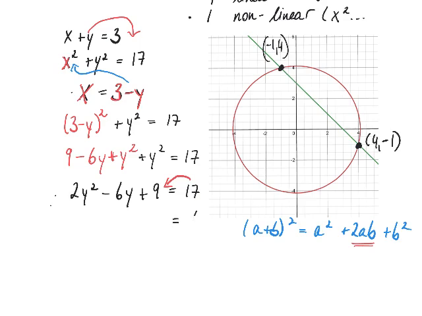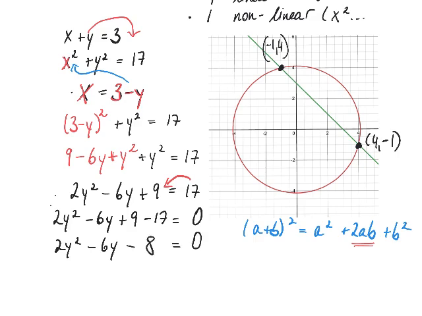So I have 2y squared minus 6y plus 9 minus 17 equals 0. I calculate that: 2y squared minus 6y minus 8 equals 0.